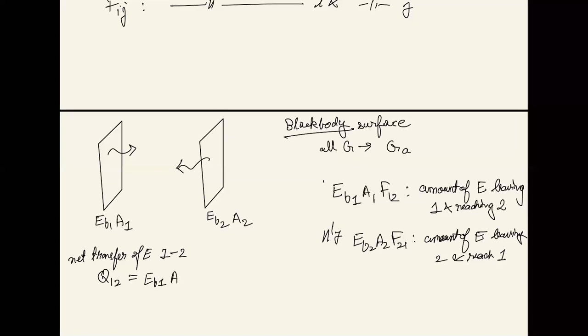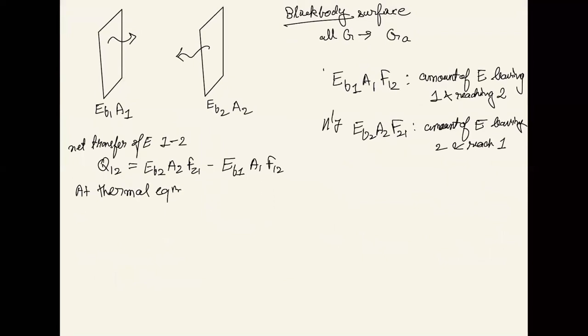So you can express it as the amount that it is getting, EB2 A2 F21, minus the amount that it is giving away, EB1 A1 F12. At thermal equilibrium, the net change of energy of that particular surface will have to be 0.